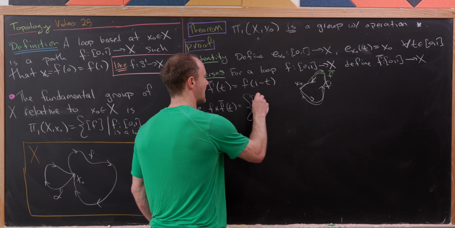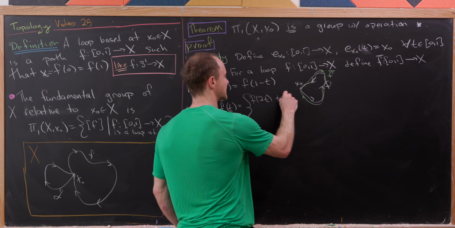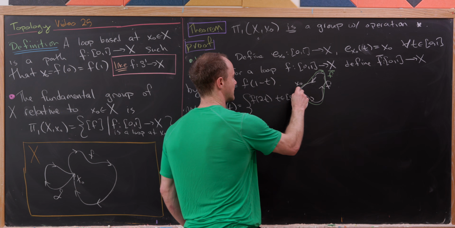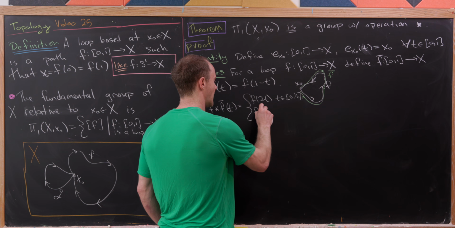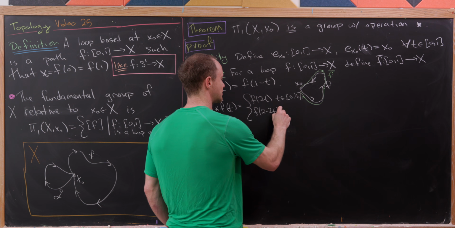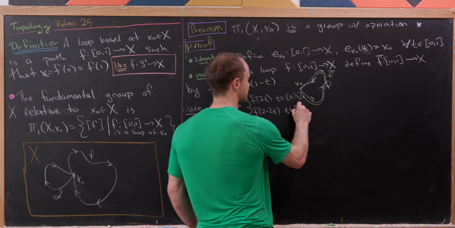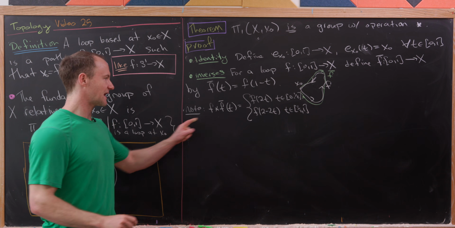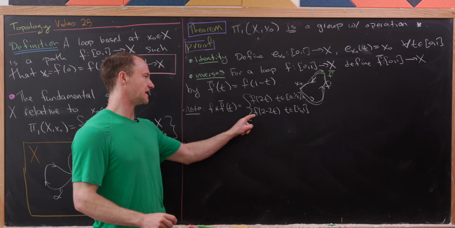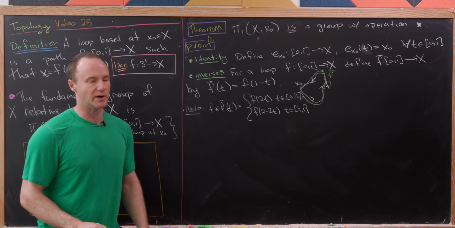So this is going to be f of 2t when t is on the interval from 0 to half. We know that that's the case. And then it's going to be f of 2 minus 2t when t is on the interval from 1/2 to 1. Okay, so like I said, I replaced the f bar in here with its definition above.